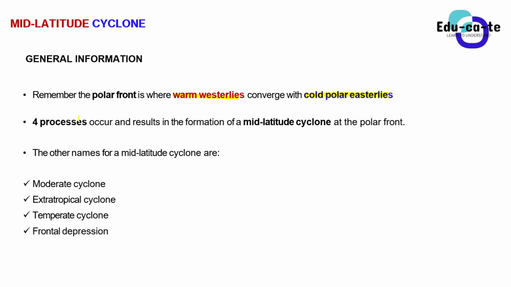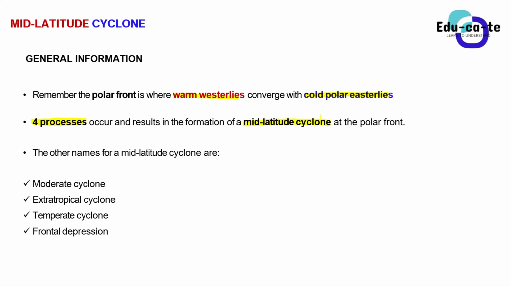So basically, there are 4 processes that will occur there so that we can form a certain weather pattern known as a mid-latitude cyclone. So basically, the mid-latitude cyclone is just a certain weather disaster or weather pattern that forms at the polar front.